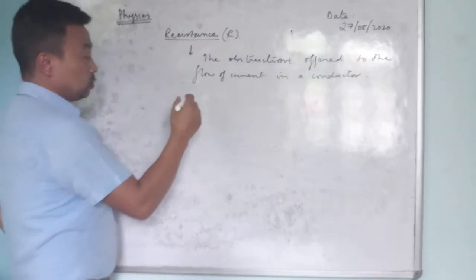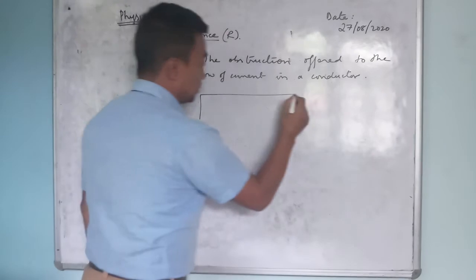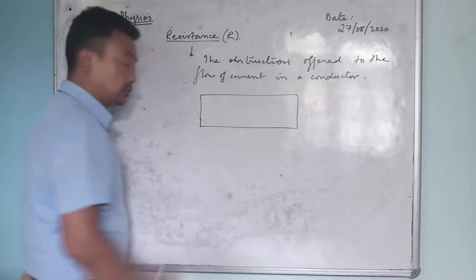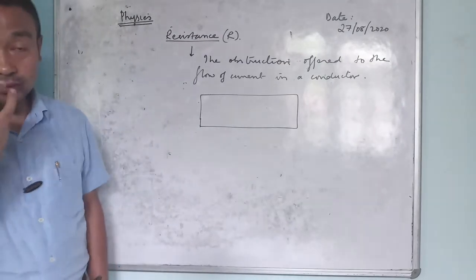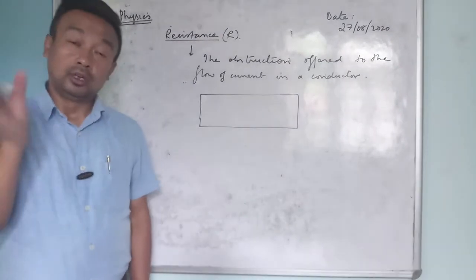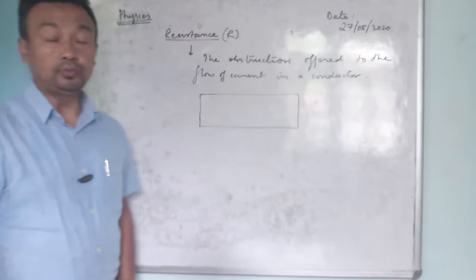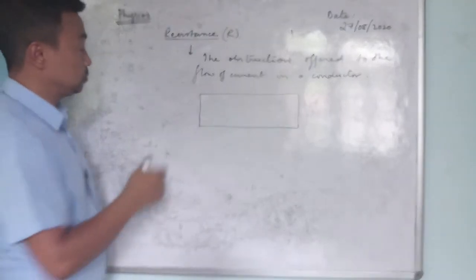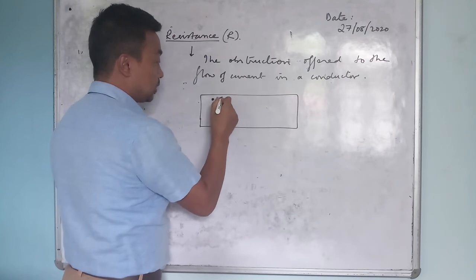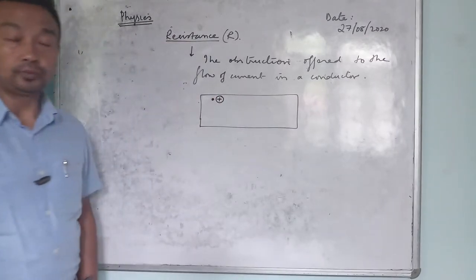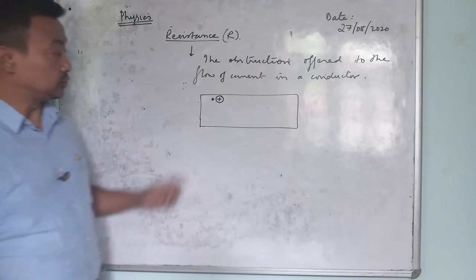Along with that, you have some equal number of positive ions. For example, this dot gives you electrons, and this plus gives you the positive ions.